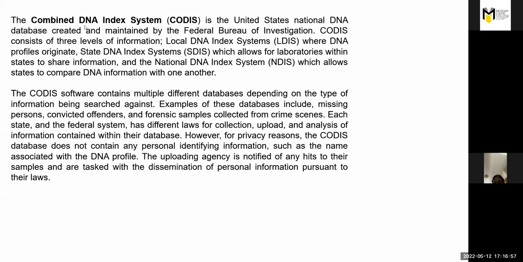CODIS stands for Combined DNA Index System. It is the US National DNA Database created and maintained by the FBI. CODIS consists of 3 levels of information: the local DNA index system, then the state DNA index system, and then the national DNA index system. So all these data banks are being prepared.